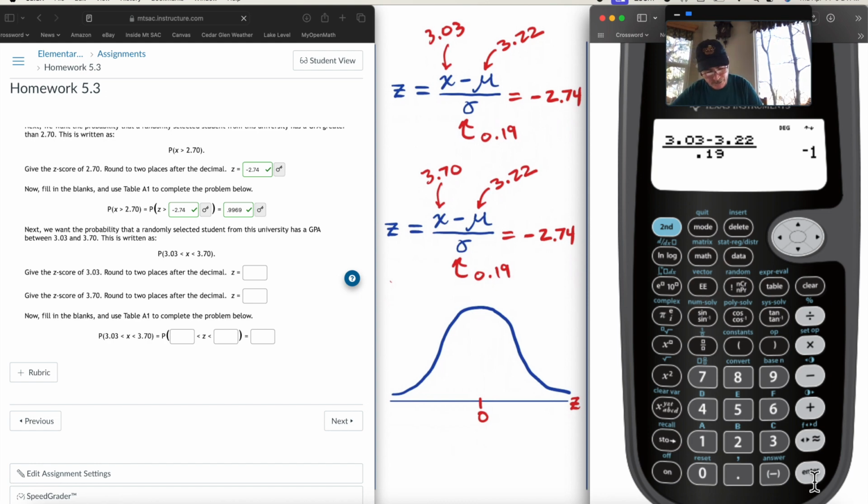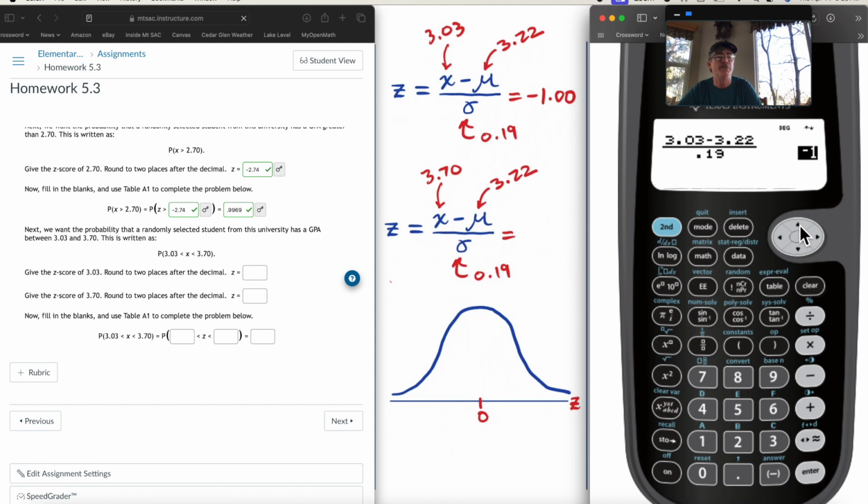So unfortunately I forgot to erase these answers here. They are not -2.74. So I'll go ahead and put in a -1.00 for 3.03. And then I'll clear this. Actually, what I'm going to do is show you a little trick. If you highlight this expression, you can edit it after pressing enter.